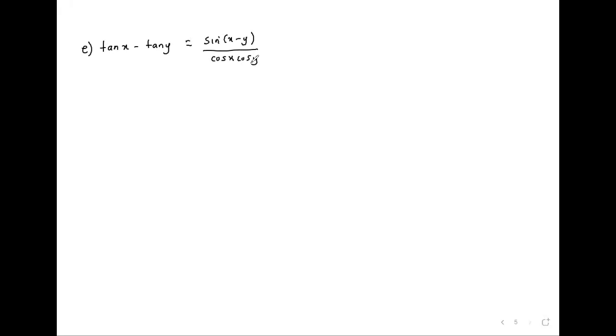Let's start with the right hand side. Looks a bit easy. Sin x minus y is the same as sin x cos y minus sin y cos x. And then divide the whole lot of it with cos x cos y.